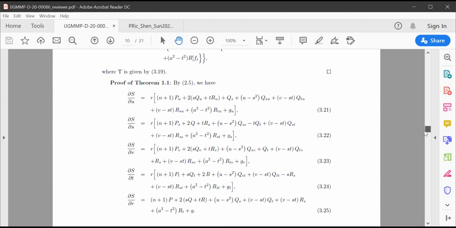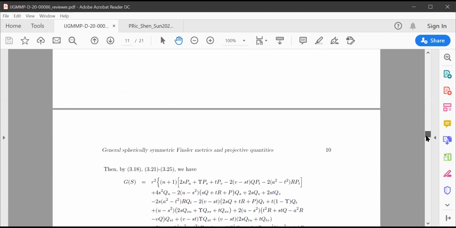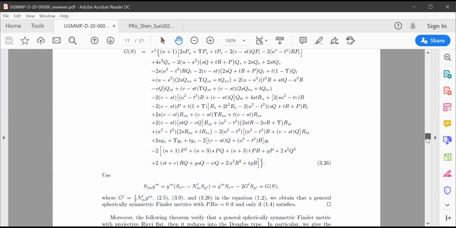By 2.5, you basically get the S curvature dot, S dot. So you find the dot, and how to prove that?